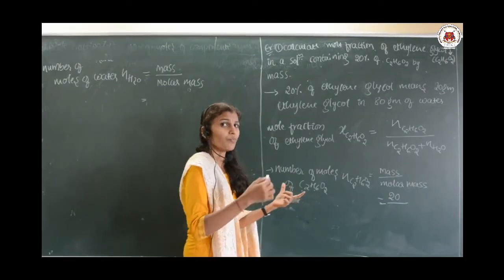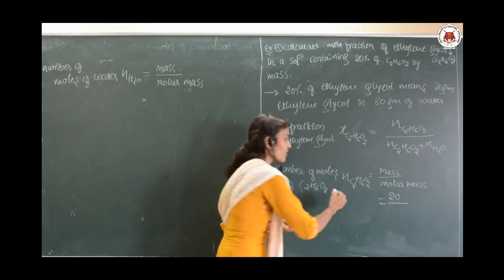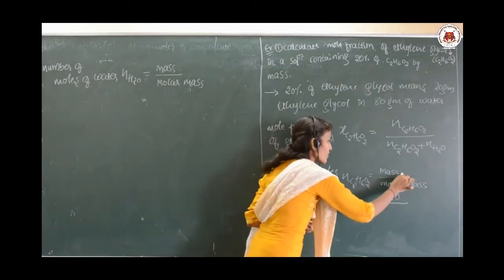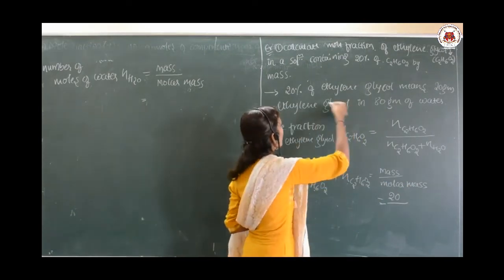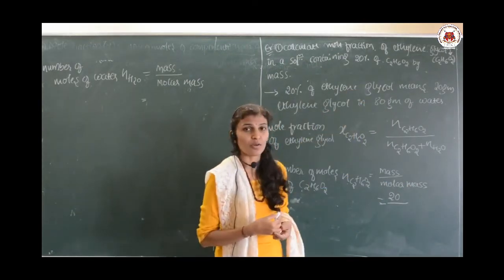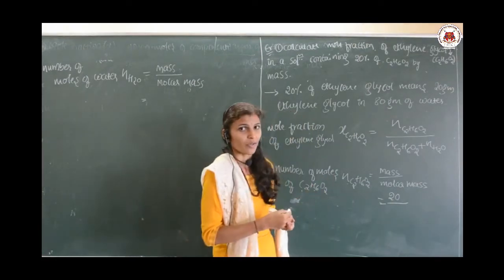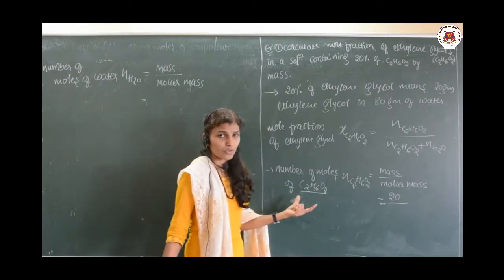So the number of moles of ethylene glycol, that is N of C2H6O2, is equal to mass divided by molar mass. Mass, you know it. Here I said 20% means you have to add 20 gram. So take the mass as 20. Now the molar mass of ethylene glycol: how are you going to find out the molar mass?